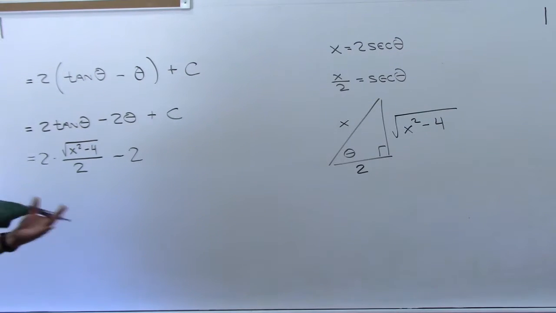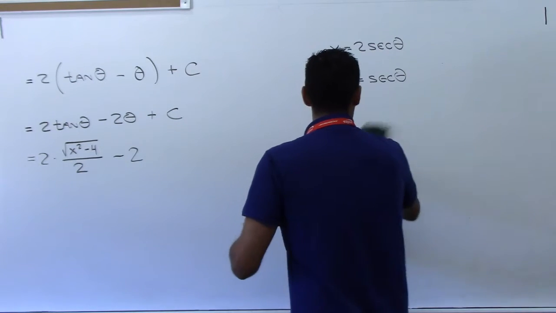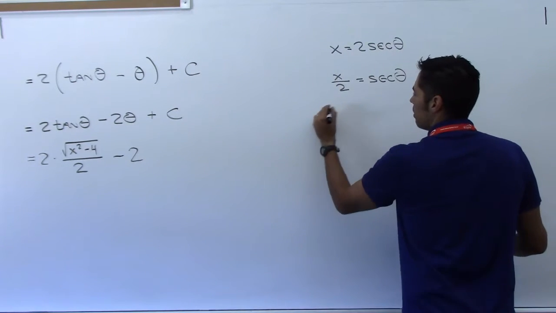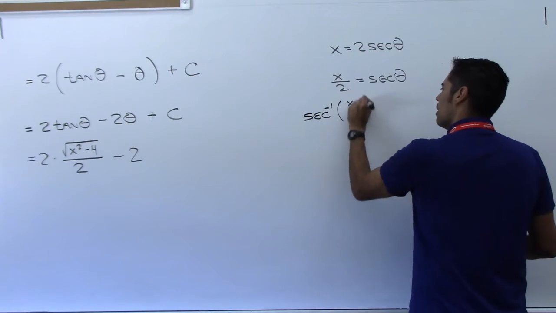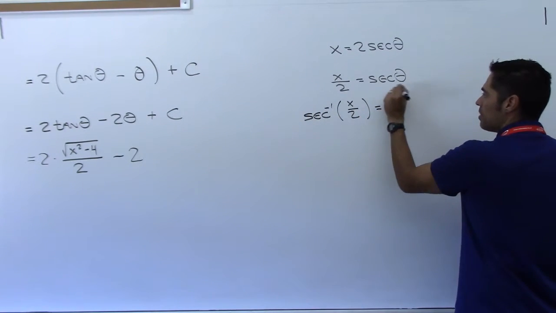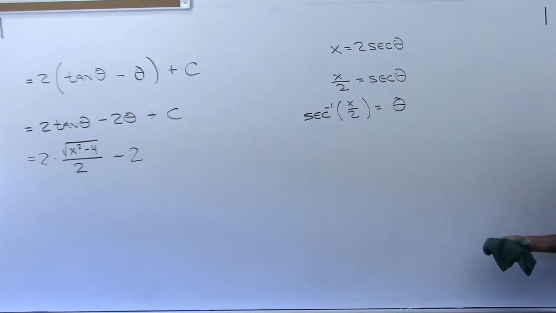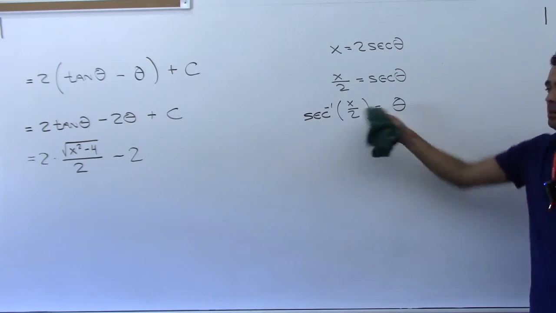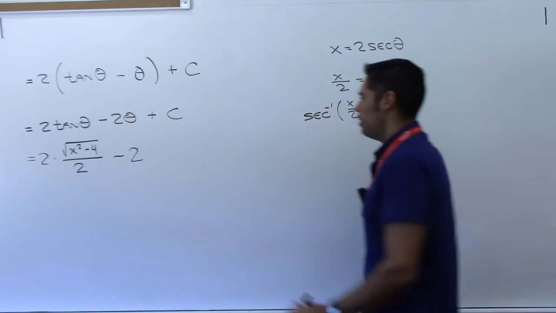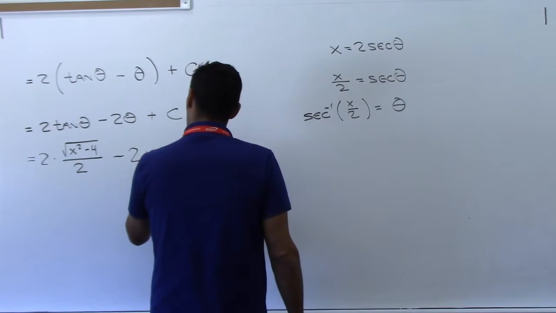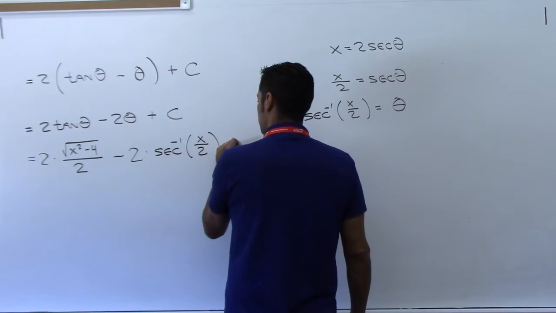It would be the inverse secant function. So you're going to do arc secant or inverse secant on both sides. If I take inverse secant on the left side, and I do inverse secant on the right side, it just gives me theta. And so that's what theta is in terms of x. So that's what I put here. Secant inverse x over 2 plus c.